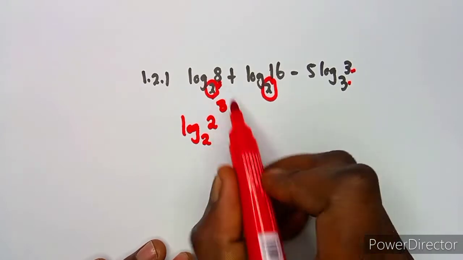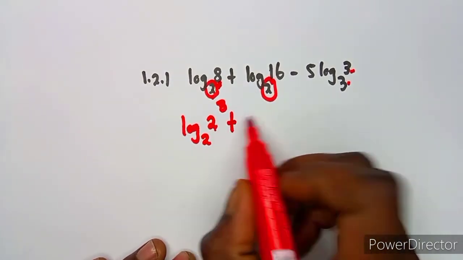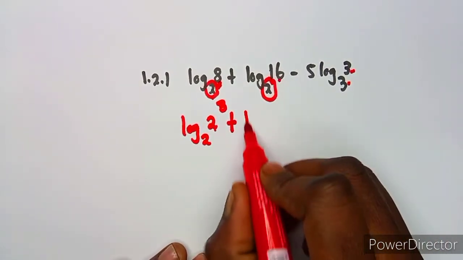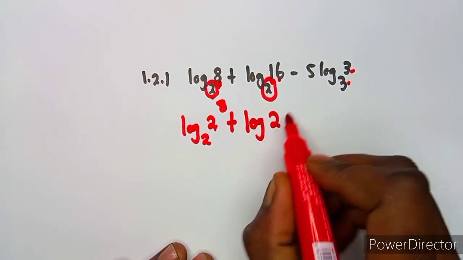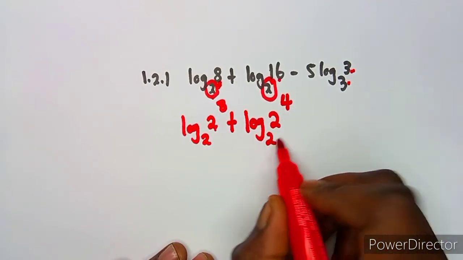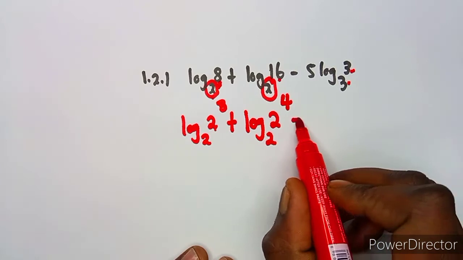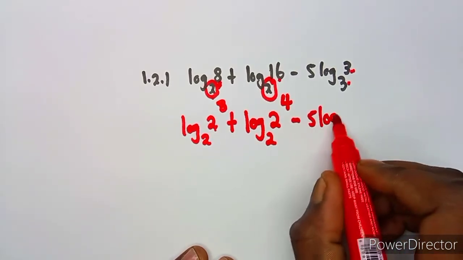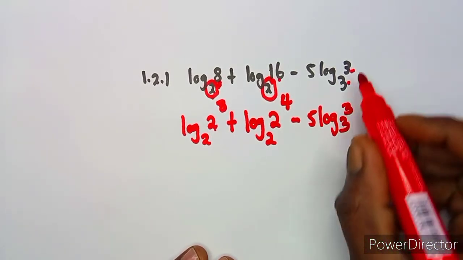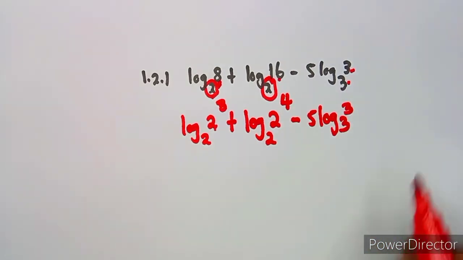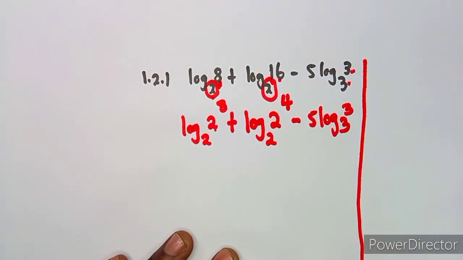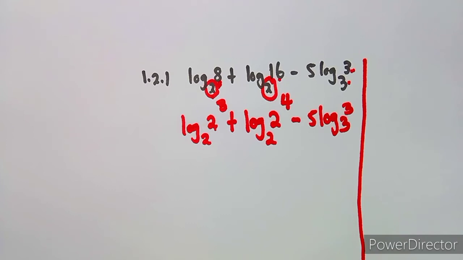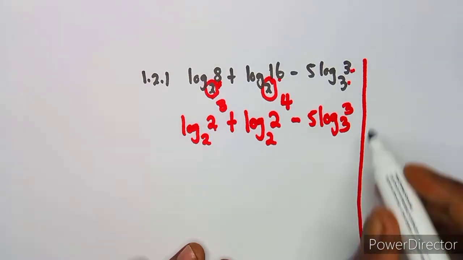Plus 16, we know that this is 2 to the exponent of 4 in base 2 again. All right, minus 5 log 3 base 3. This law, I wanted to apply it at once, so that is why I'm just ignoring this part, and I'll apply the law at the same time. So this is the law that you're going to apply, guys.